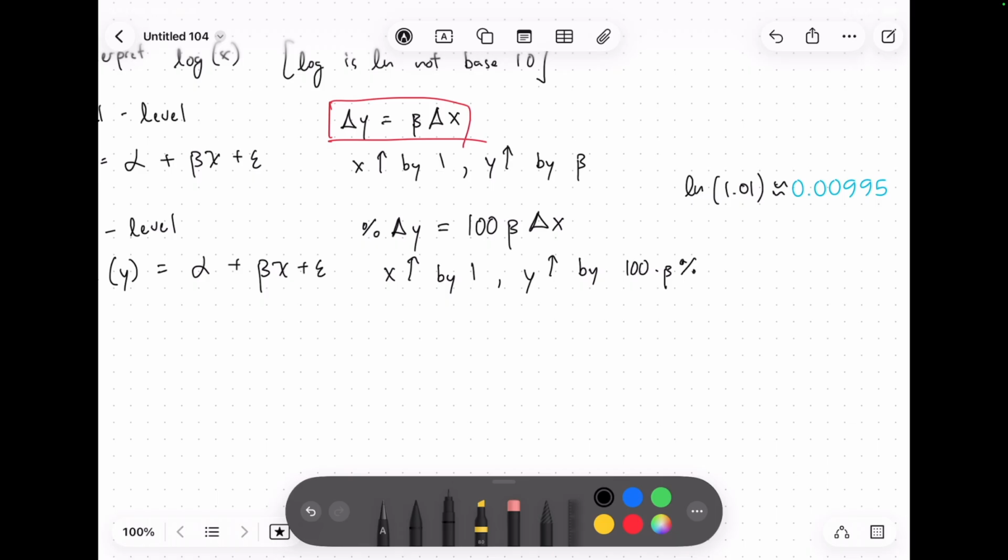Because of that coincidence, economists can say, when I do these log things, I can now say it as an elasticity. It's because of this property. But it's not exactly equal, right? So just be careful. This is technically only for marginal changes.